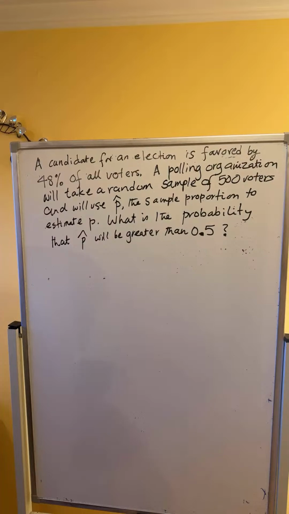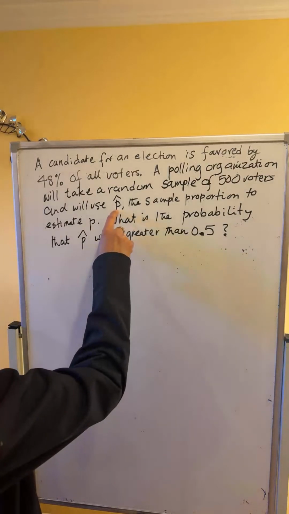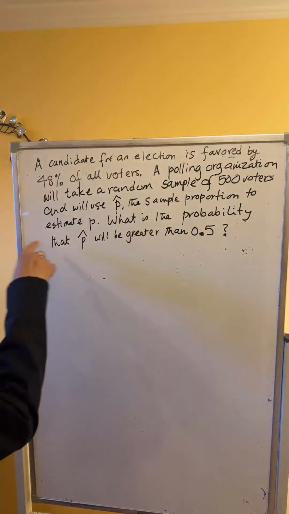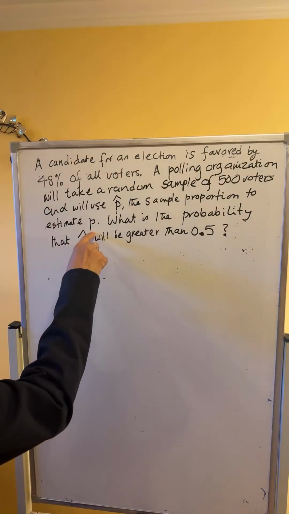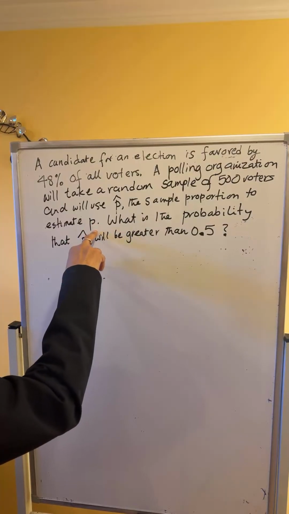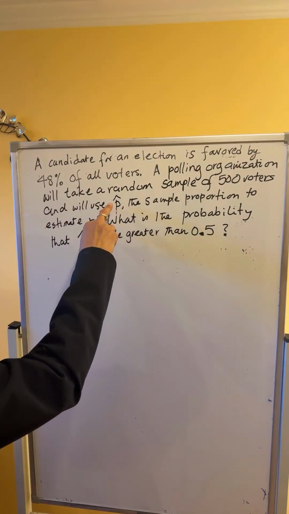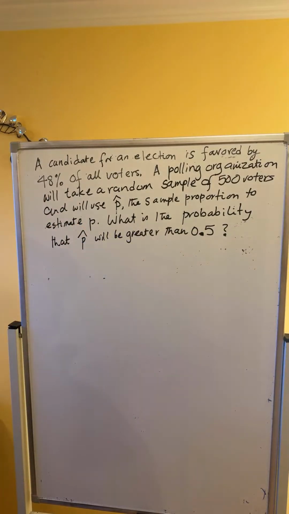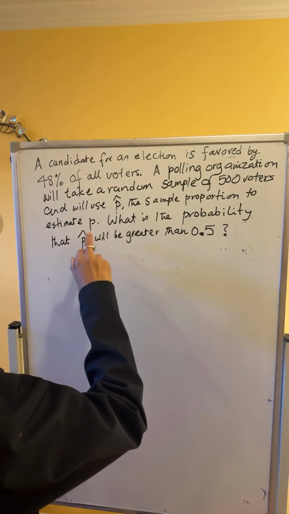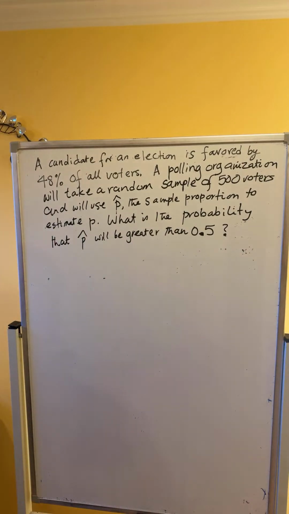A polling organization will take a random sample of 500 voters and will use P hat, the sample proportion, to estimate P. P without the hat is the population proportion. So they will use the sample proportion to estimate the population proportion. What is the probability that P hat, that is the sample proportion, will be greater than 0.5?